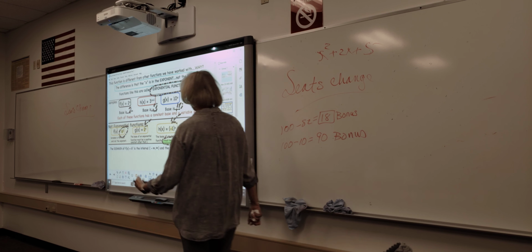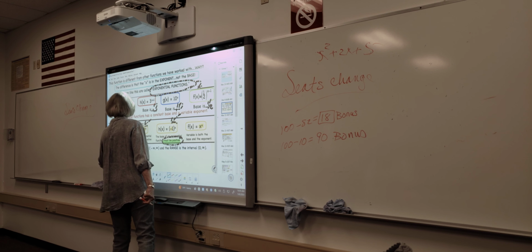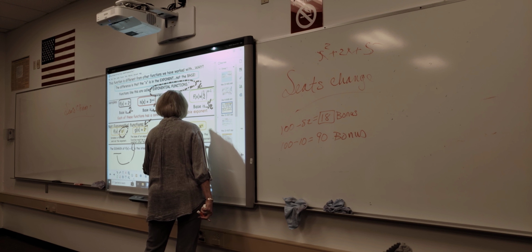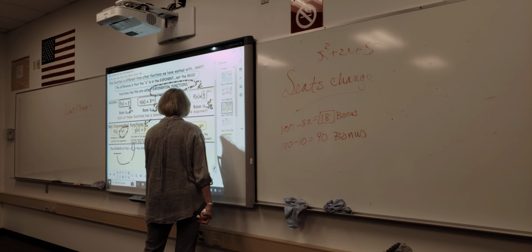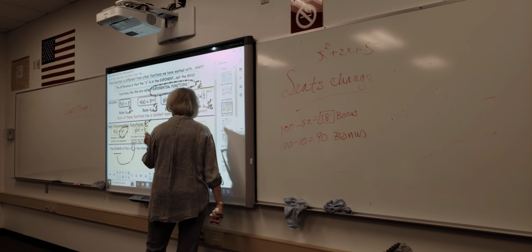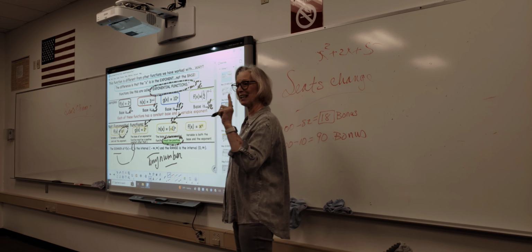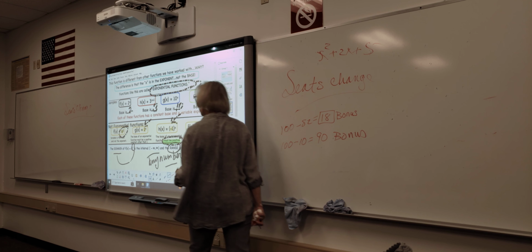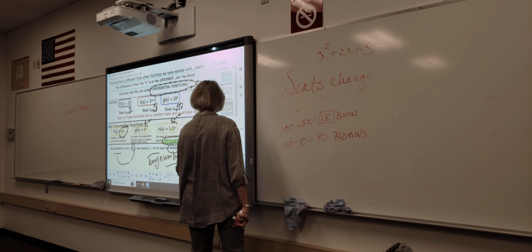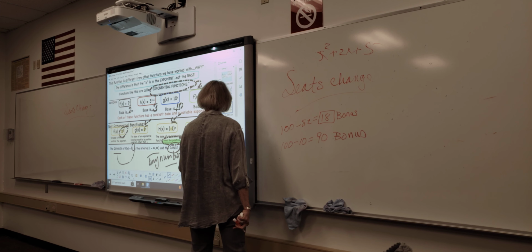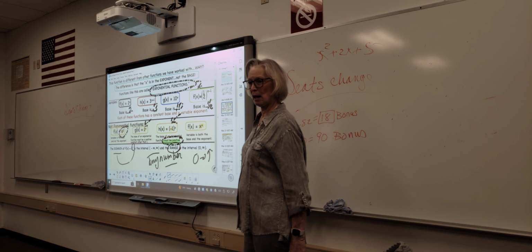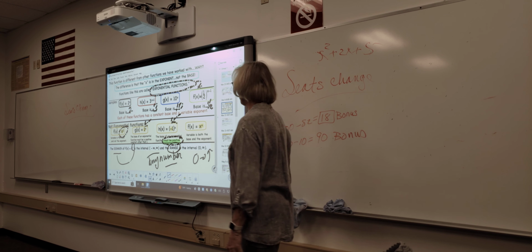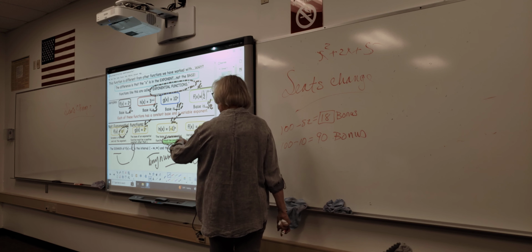Now, domain, what numbers can you put in for this little x here? It can be any number. You want to write that down. You can put in any number for the x, but the range, your answer, will always be 0 or bigger. I'll explain why in a minute.